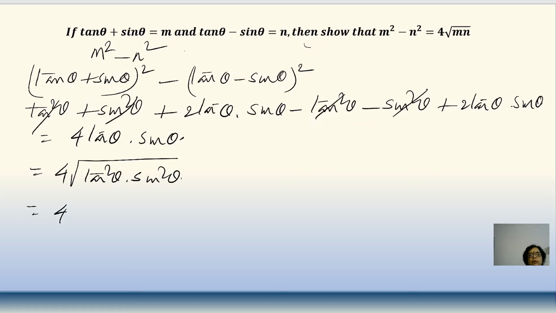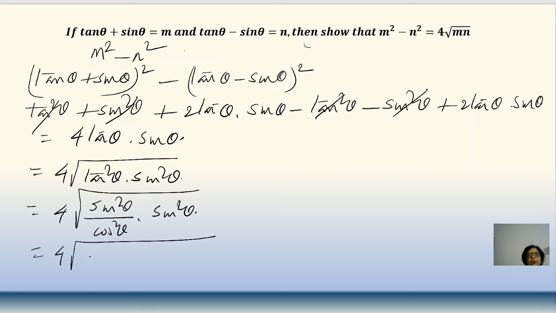So now we can rewrite this tan square theta as sine square theta by cos square theta into sine square theta. Next step, we can break this up: sine square theta as 1 minus cos square theta, into sine square theta by cos square theta.